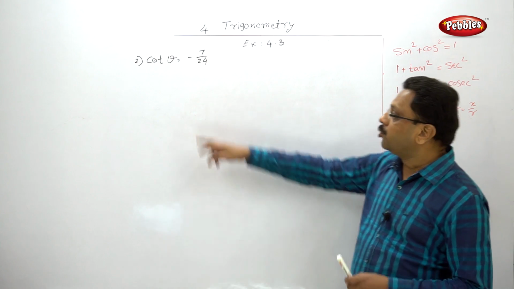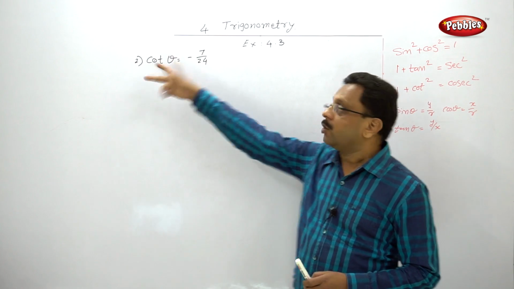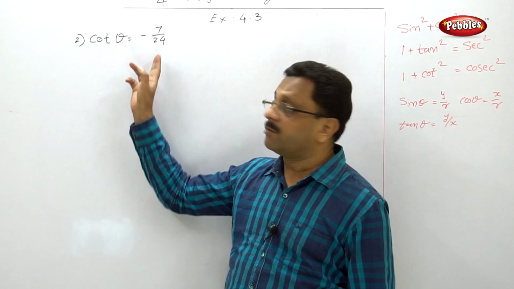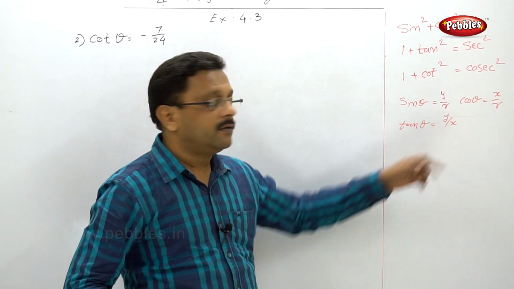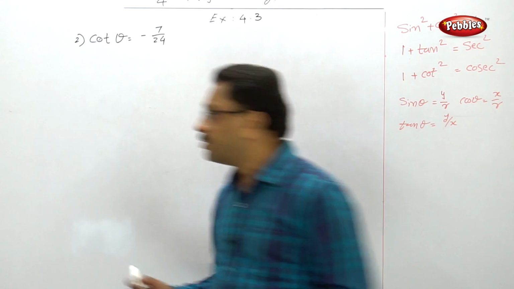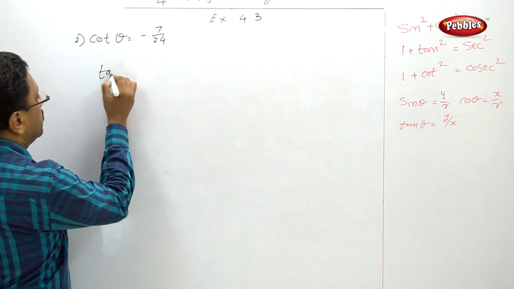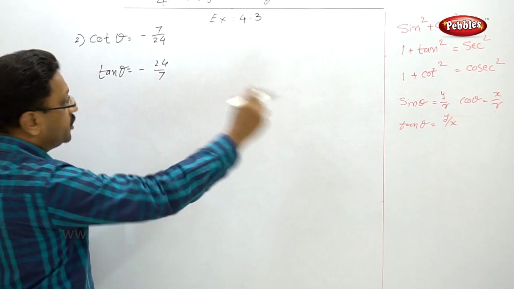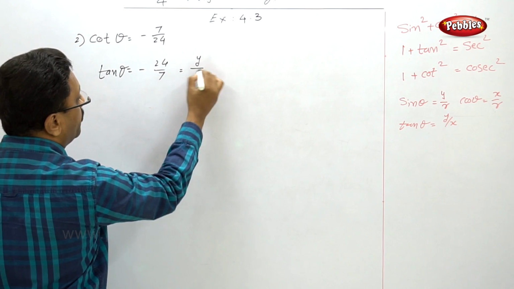Now you know cot, so the reverse of it will be tan. If cot is minus 7 by 24, the tan will be minus 24 by 7, which is equal to y upon x.